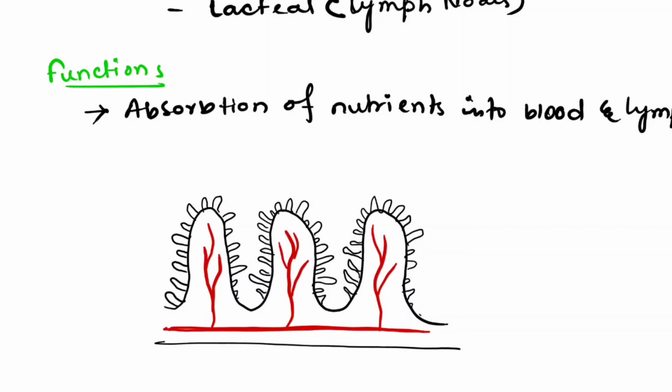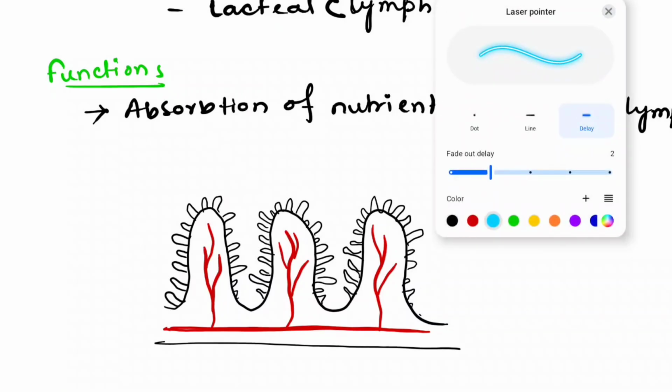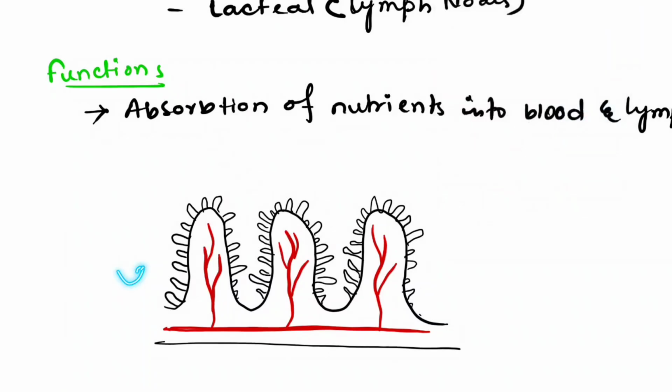Suppose here a food particle or anything came, here it came, here it came. It will come and be absorbed into the bloodstream, and directly it will go to the blood. Directly it will come here and directly absorb through absorption.